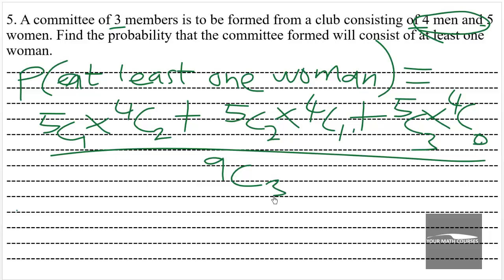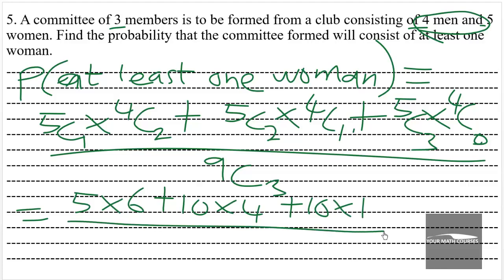So let's simplify this. This will be equal to 5 combination 1 is 5, 4 combination 2 is 6, then 5 combination 2 is 10, and 4 combination 1 is 4, and 5 combination 3 is also 10, 4 combination 0 is 1. All over 9 combination 3 is 84.